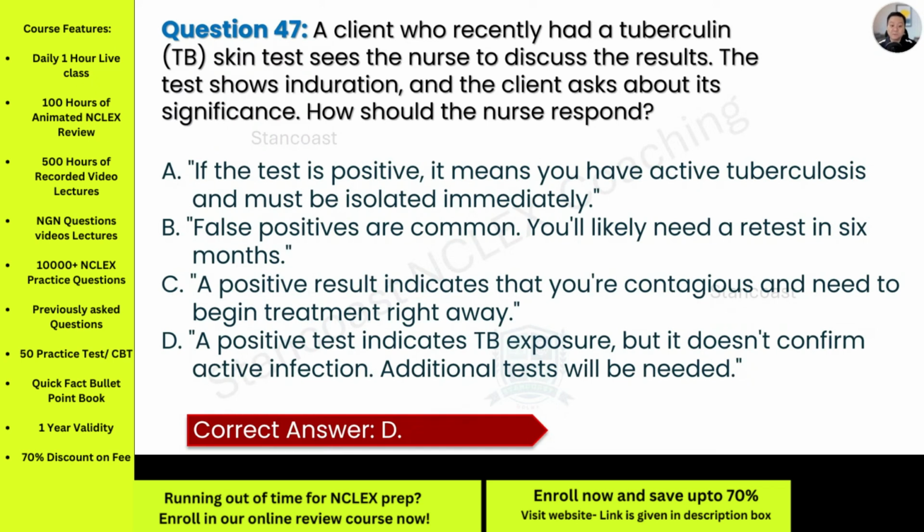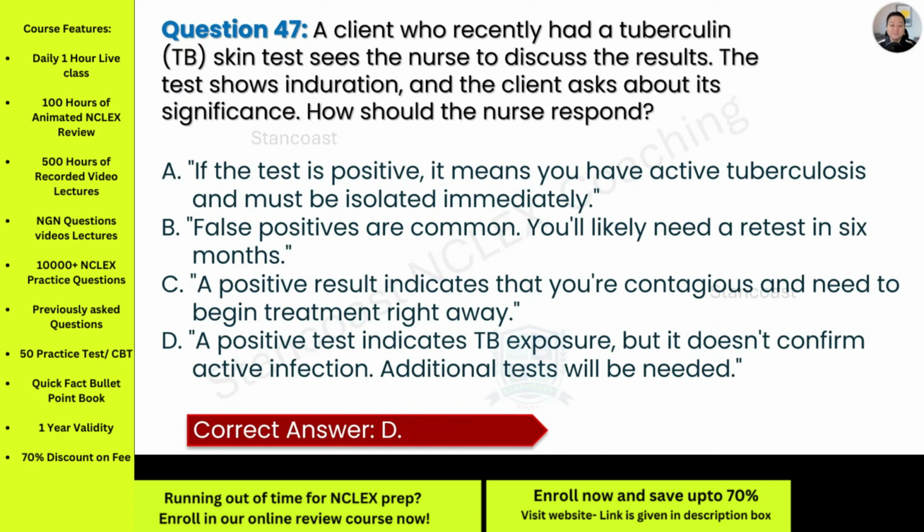So if you select letter A, this is incorrect, because active TB is not diagnosed solely through a positive skin test, and isolation without further testing is also inappropriate. Letter B, another incorrect option here, because delaying further evaluation by 6 months could endanger the client and others. And the same thing with letter C, another incorrect option.